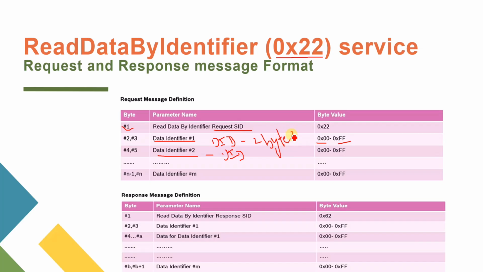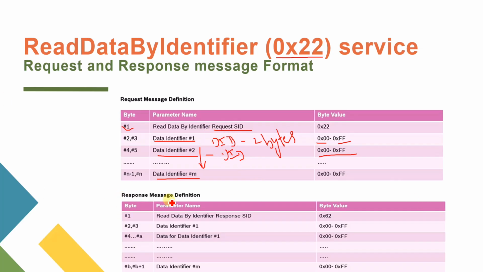So I'll send 22 followed by a DID, followed by another DID, 2 bytes each continuously, and that supports 00 to FF. Next will be the data identifier and so on. So many data identifiers can be sent continuously in one request message, but usually in many projects only a single data identifier is used for one request to get a positive response from the server. Most of the time, projects support only a single DID per request.